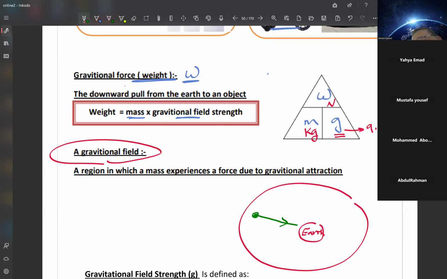So we consider the moon in this field. This is why the moon orbits the Earth. But outside this region, there is no force. The object can move freely away. So the object doesn't need to orbit the Earth because there is no force of gravity. So gravitational field is the region in which any mass experiences a force due to a gravitational attraction.